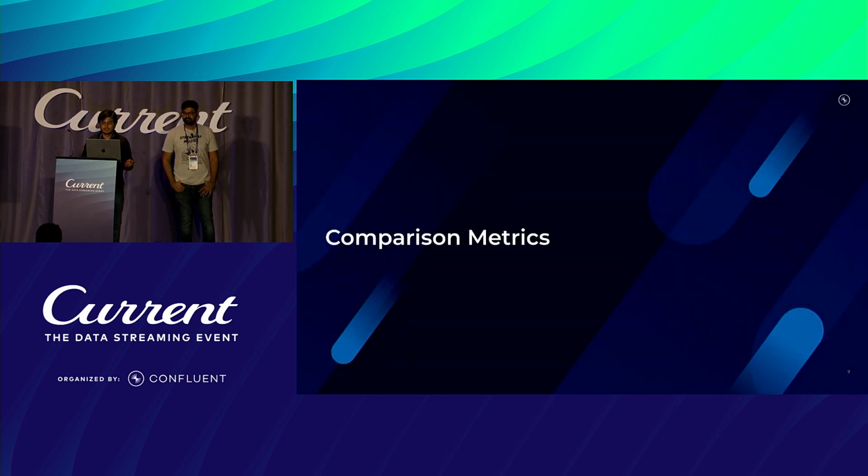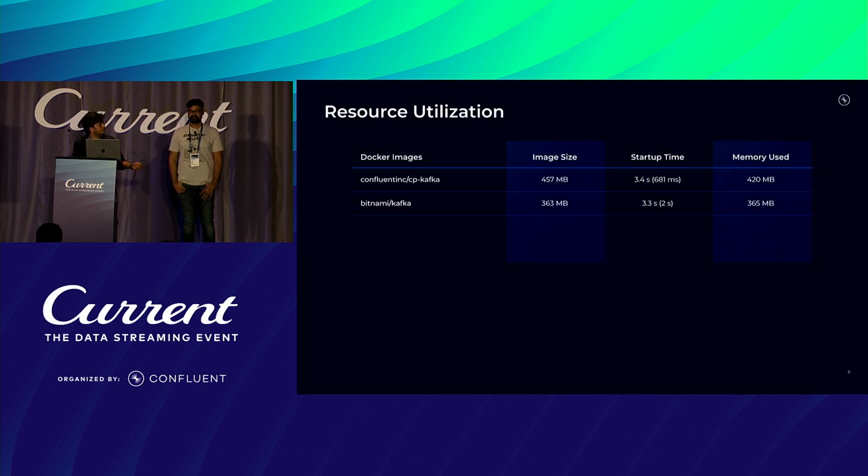Now let's look at some of the comparison metrics. We have compared this Apache Kafka native Docker image with the already existing Kafka Docker images, mainly focusing on three key metrics: the size of the Docker image, the startup time, and the memory footprint during the startup. Here are two of the most widely used Docker images for Apache Kafka.